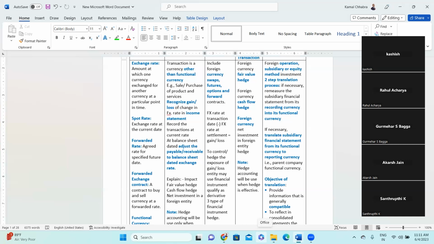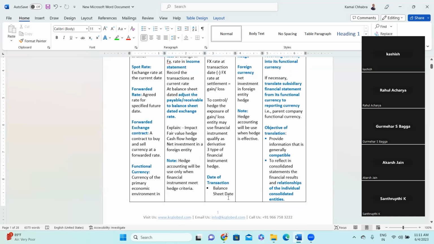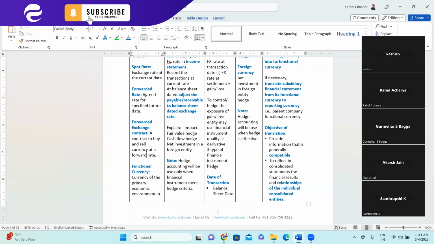No problem. Right. Next one is forward exchange contract. A contract to buy and sell currency at a forward rate. So forward rate, that's like a future contract. For example, let's assume Kashish is in the US, and I ask Kashish to purchase a MacBook Pro for me.